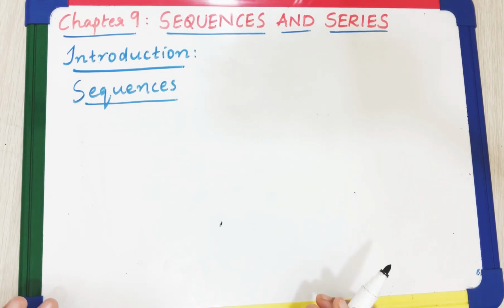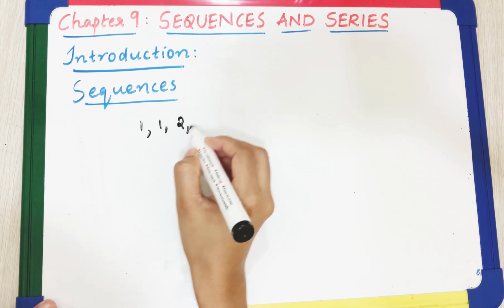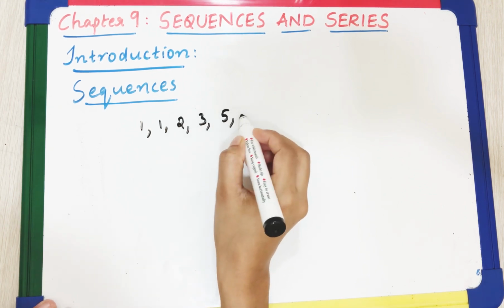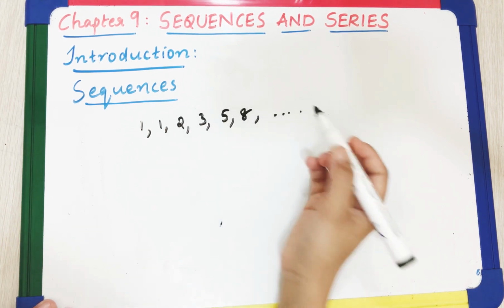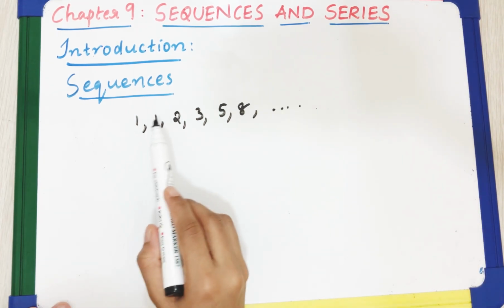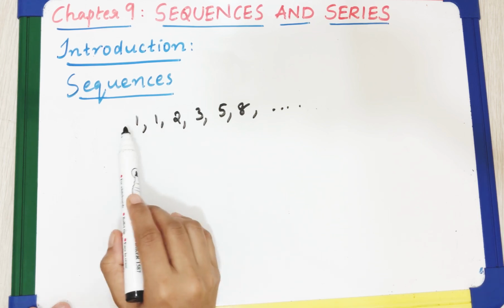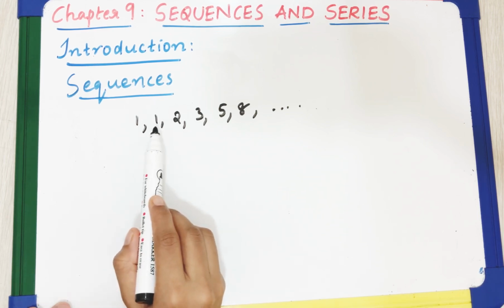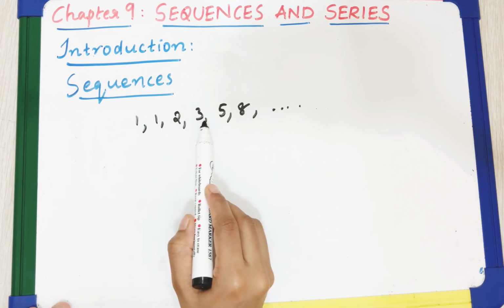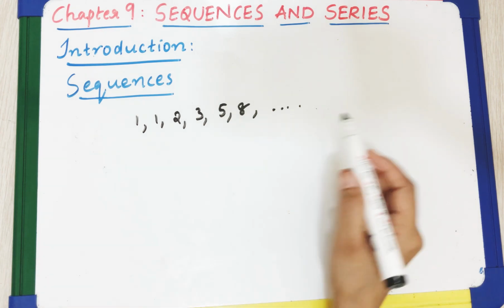Now see another example. Consider the sequence 1, 1, 2, 3, 5, 8, etc. Here, the first term is 1, the second term is 1, and the third term is 1 plus 1, adding the first and second terms, and the fourth term is 3, adding the second and third terms, 1 plus 2, and so on.